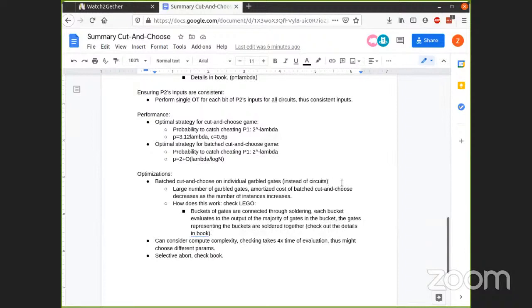I mean, the benefit of this is that you don't have to batch the same function multiple times. Instead you do the batching over the gates. So you need to batch each gate multiple times. So I don't really see the gain here. Well, if you want to only compute the function once, then you can't really batch on the number of function executions, right?